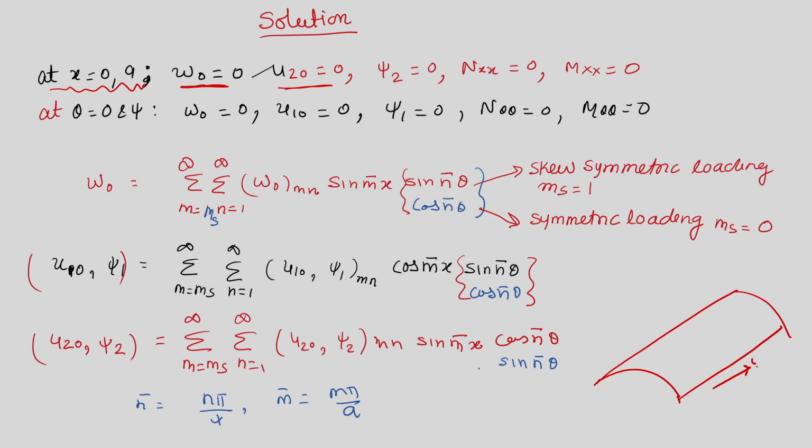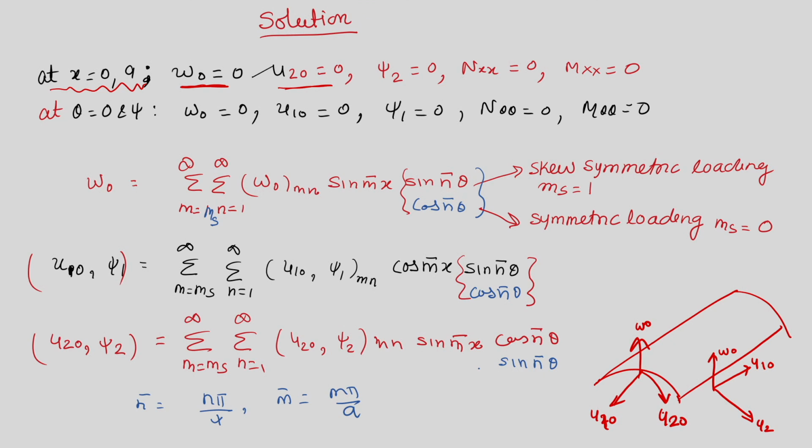So, this is your u2 basically, u1, u2, W, and then over this edge it will be u2, this will be u10, u20 and W naught.